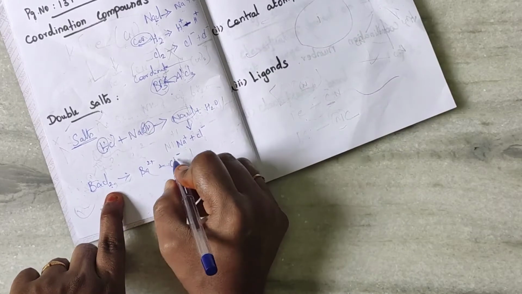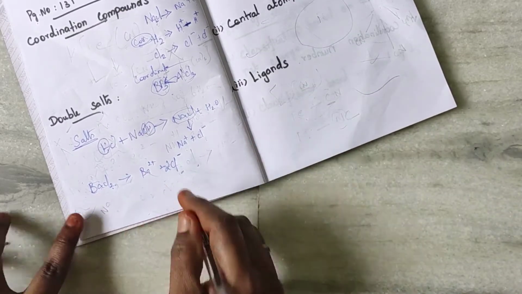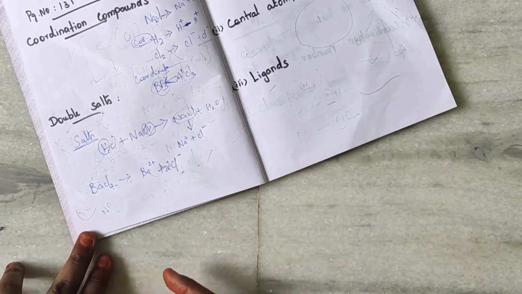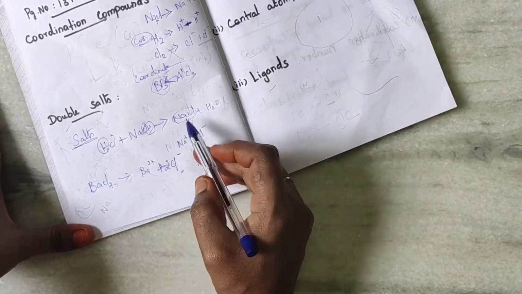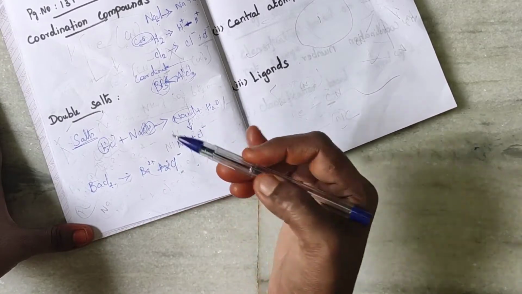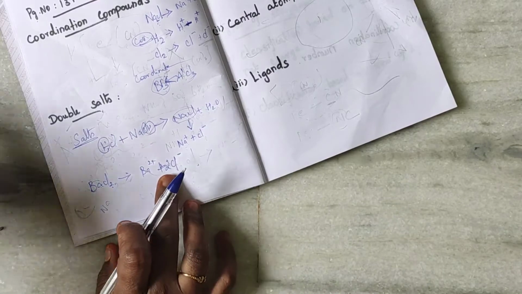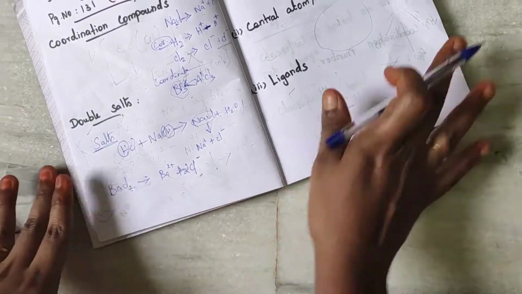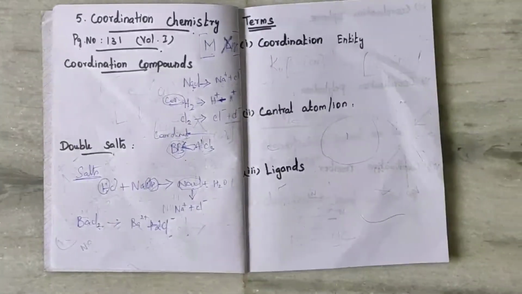How many chloride ions? This 2 gives 2 Cl minus. So balance it. Okay, it is just a salt. Sodium chloride salt dissociates into its own ions, Na plus and Cl minus. Barium chloride gives barium 2 plus ions and 2 Cl minus ions.